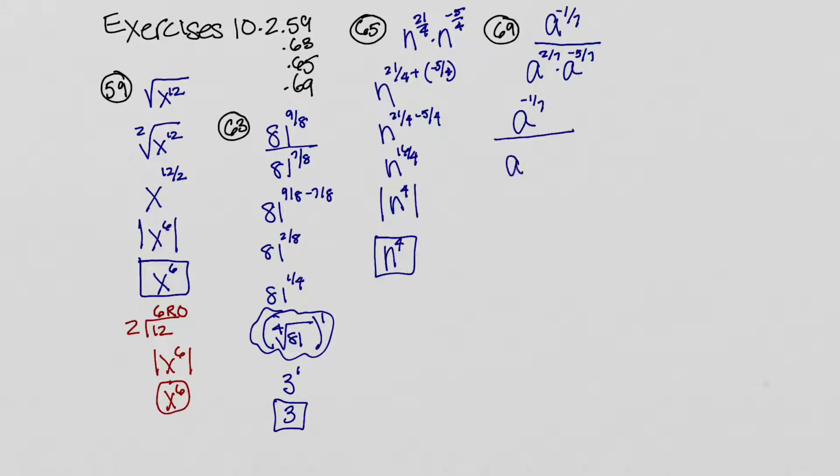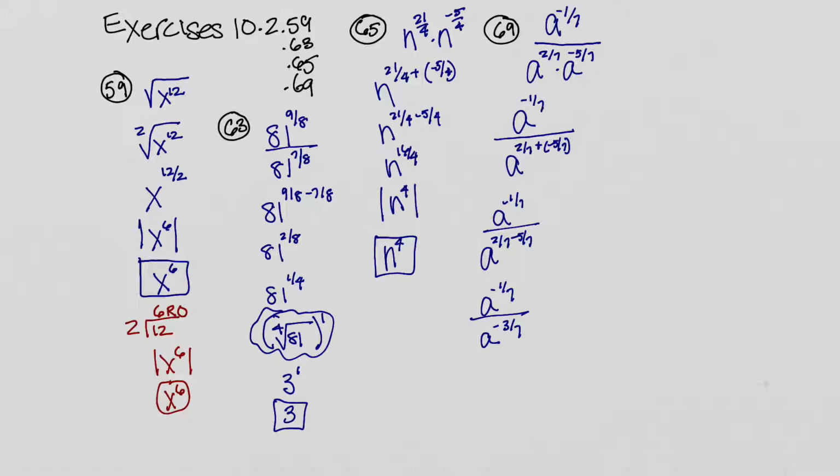So we're going to get a to the 2/7 plus negative 5/7, or let's write it like this: a to the negative 1/7 divided by a to the 2/7 minus 5/7. This will give us a to the negative 1/7 over a to the, now, 2/7 minus 5/7. 2 minus 5 is negative 3, so we're going to get negative 3/7.